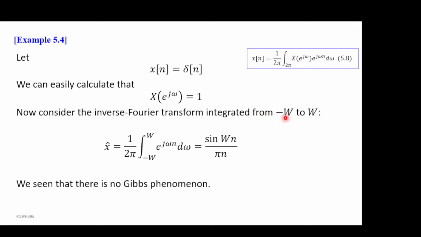Now think about changing the integration interval from minus w to w, and you increase w slowly to pi. Let's see what happens. If you apply the formula and do the integration, which is not too hard, you get sine wn over pi n.